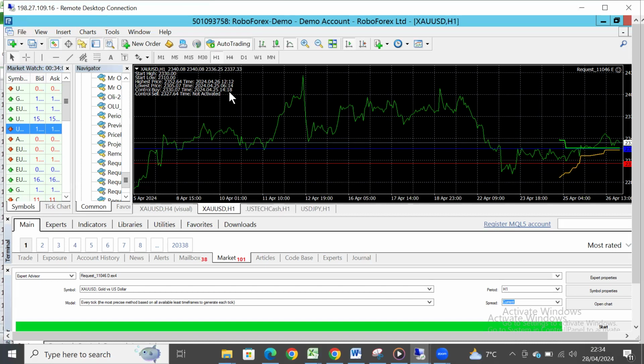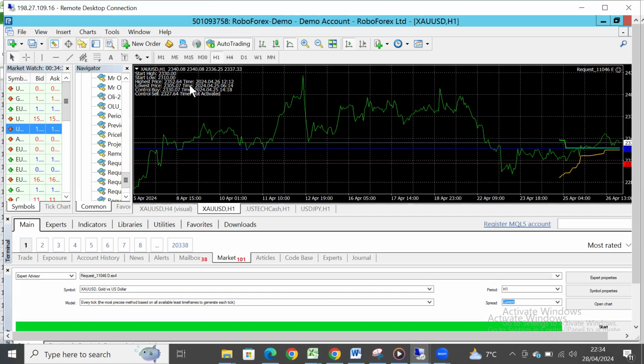So just like I said earlier, the controls activate once the market gets to the first extreme. So in this instance, the lowest price is the first extreme, and because of that lowest extreme, the market is able to trigger a control buy, and then it goes upwards to the 26th at 23:52.